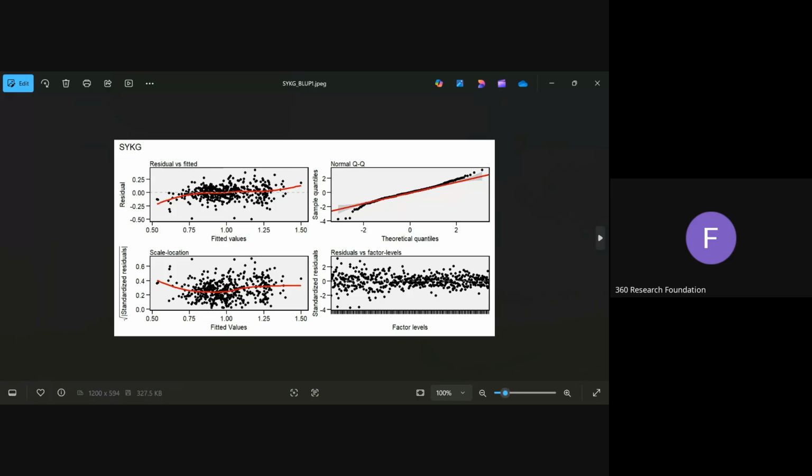First is the residual versus fitted plot. Here you can see this residual. So what is meant by residual? Errors left, the variables which are left, which are not included in the study. And what is meant by fitted value?